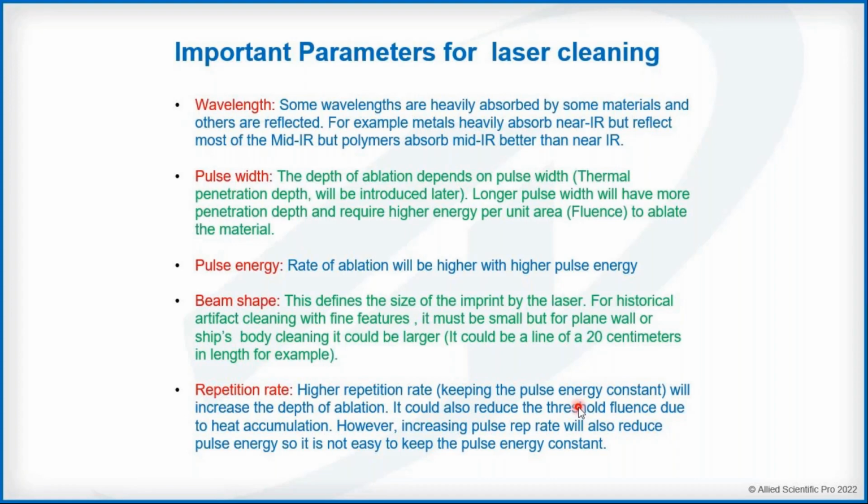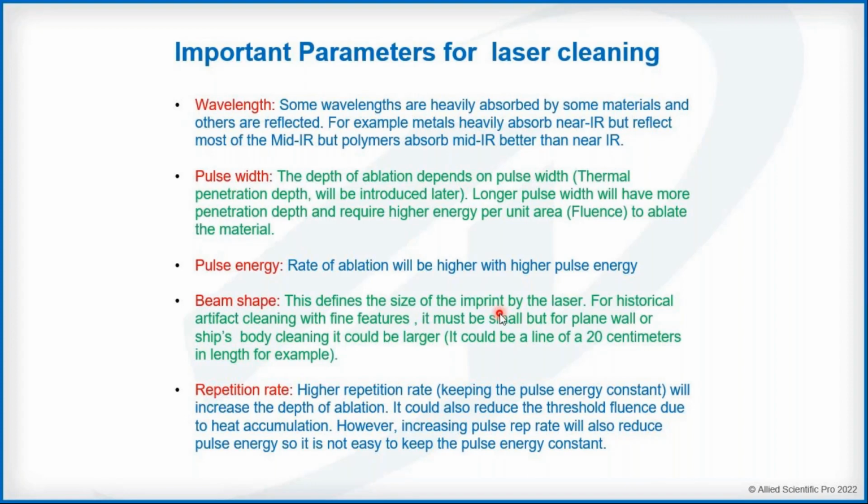line to clean faster. And then repetition rate: a higher repetition rate, if we keep the pulse energy constant, would increase the depth of ablation because of the heat accumulation effect that exists. So the threshold fluence due to heat accumulation would be reduced.